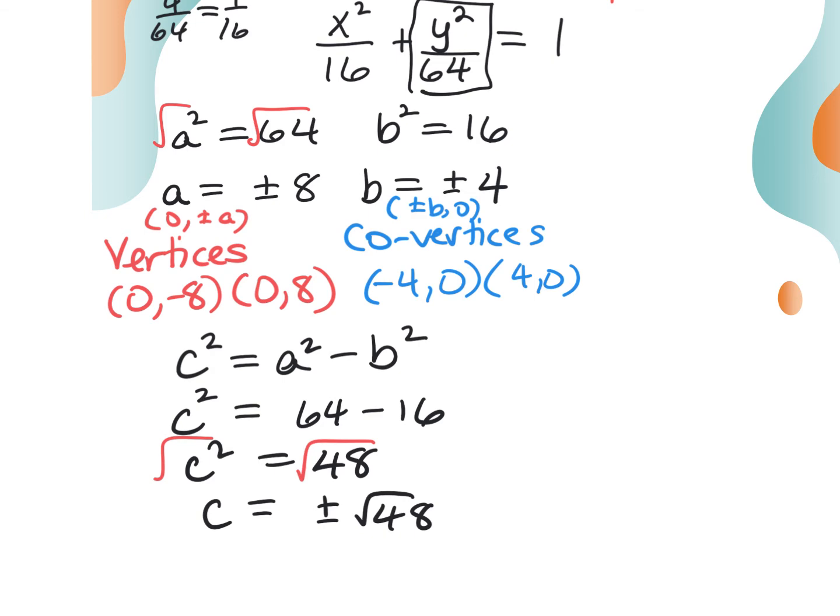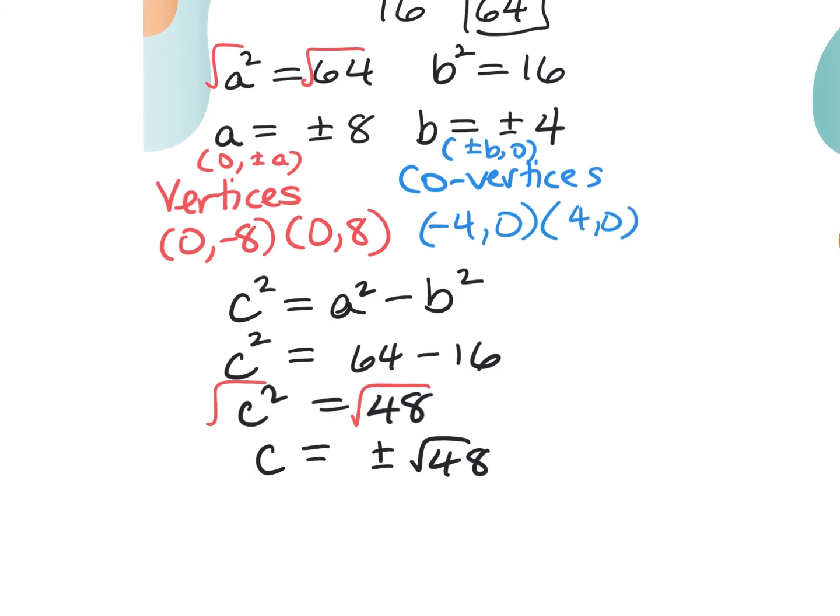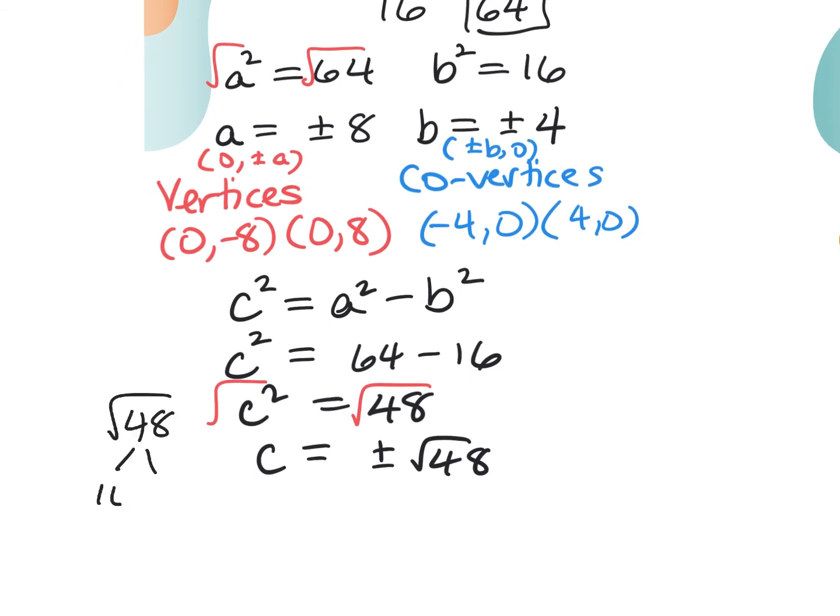Now, for the focus point, you need to simplify the radical. But when you're doing the eccentricity, you can leave it unsimplified. So I need to break down 48. The square root of 48 breaks down into 16 times 3. So it becomes 4 radical 3. So my c value is plus and minus 4 square root 3.